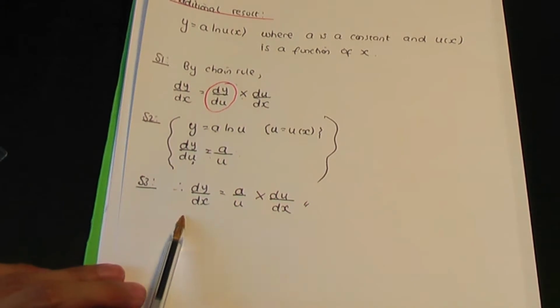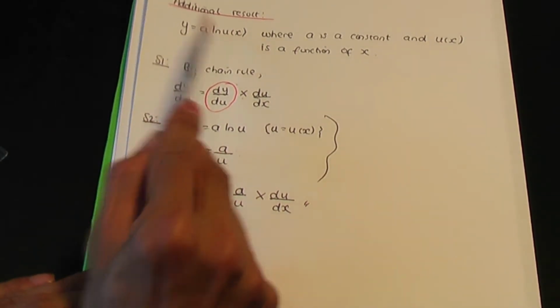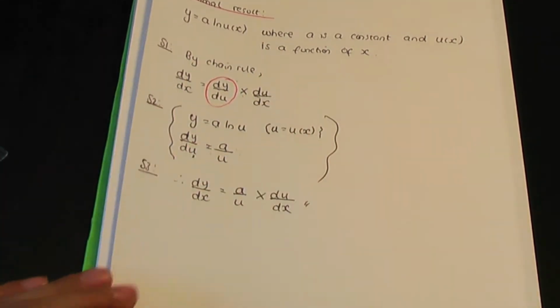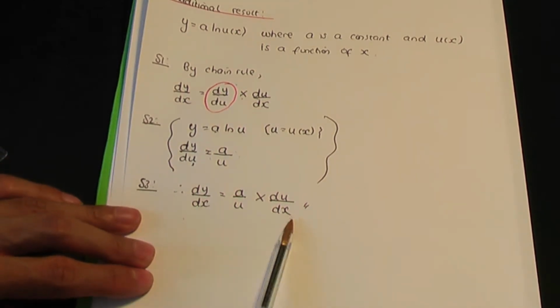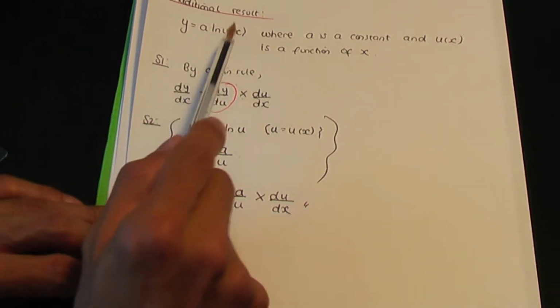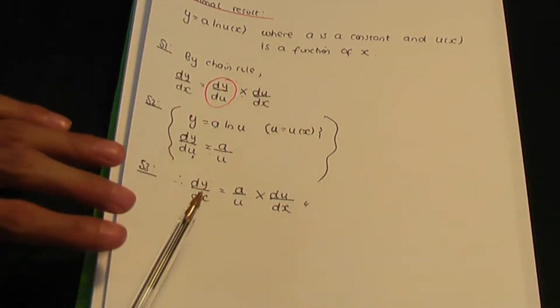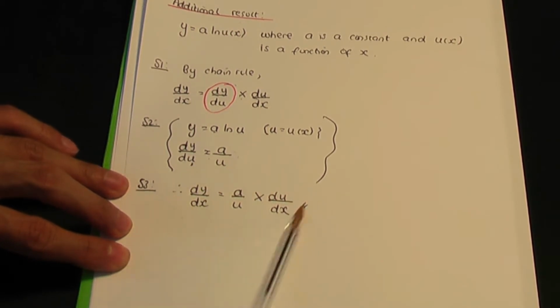So this is the result here for the derivative of y equals a ln u(x), where a is a constant, u(x) is a function of x. Okay? So you can only use this result here if a is a constant, remember, and u(x) is a function of x. Now, don't memorize this result here, just learn and appreciate what this result is trying to say.